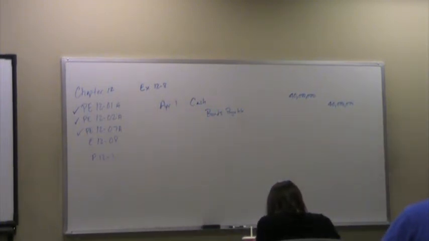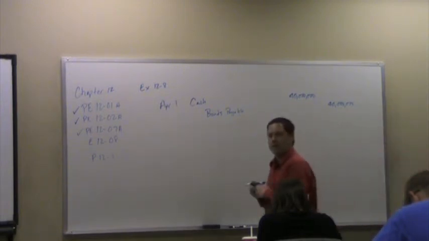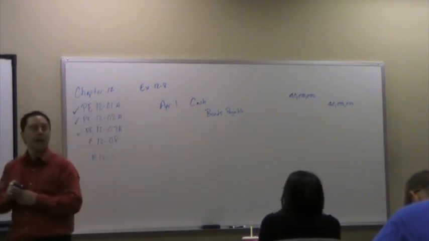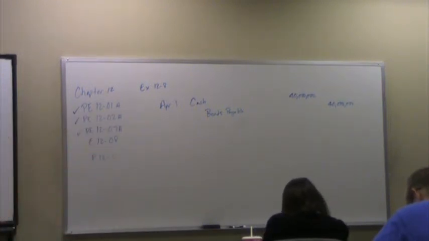All right, the next part of the problem says we paid the interest on the bonds. We have an 8% bond, and we pay interest twice a year. So what is our interest going to be? 8% annually. So if I'm paying twice a year, that means I'm paying 4%.